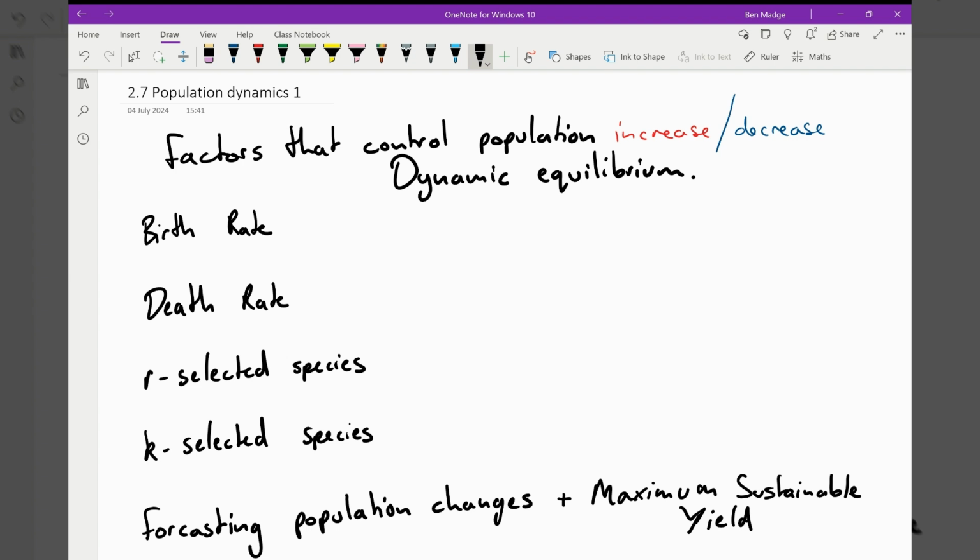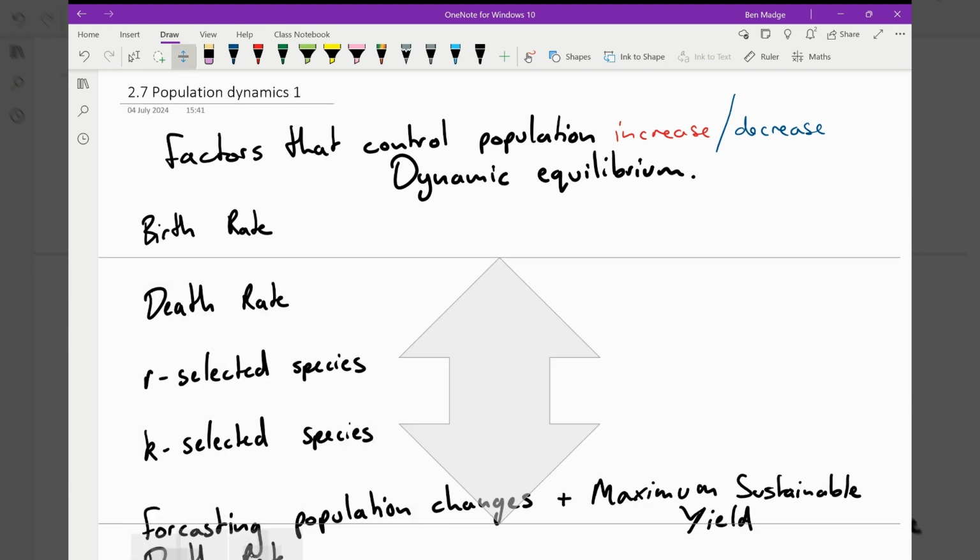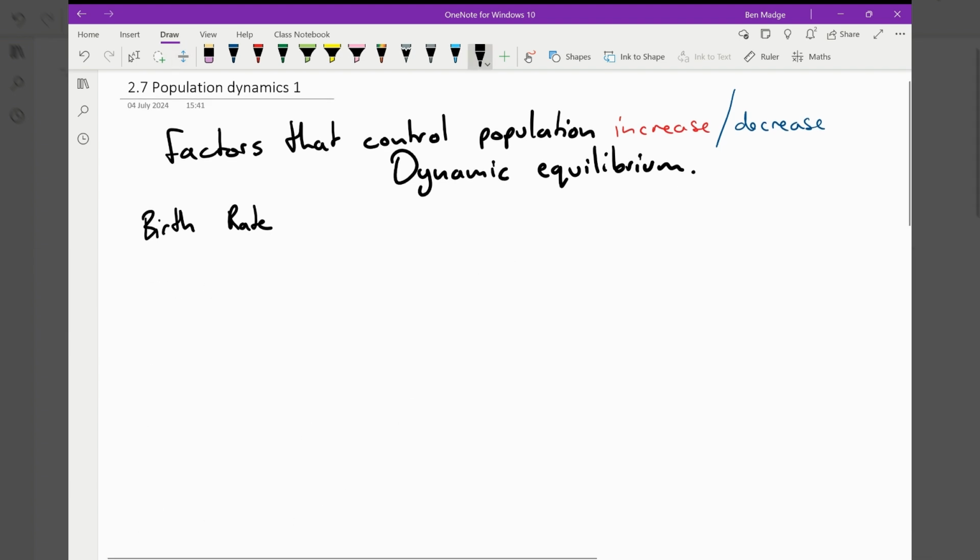The first factor we're going to look at is our birth rate. So the birth rate is the maximum birth rate of a species.